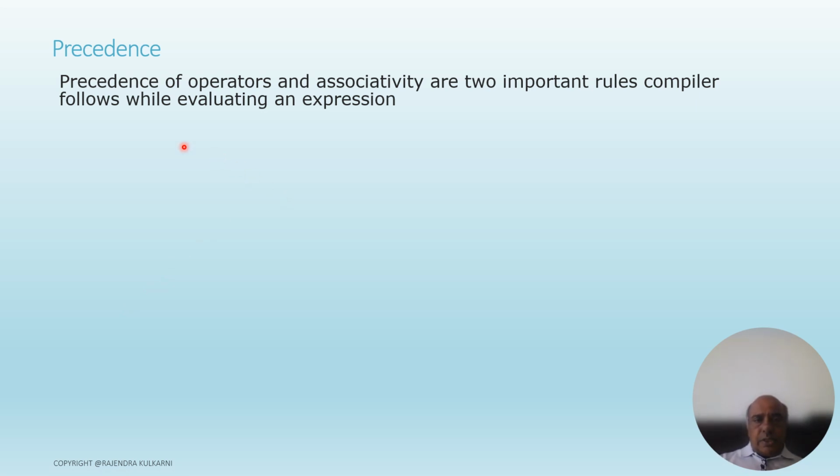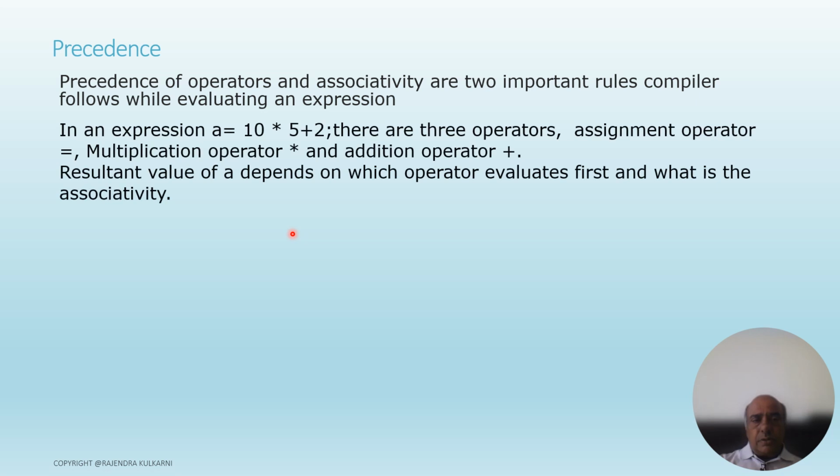As we have earlier discussed, precedence of operators and associativity are two important rules the compiler follows while evaluating an expression. Now let us see the expression a is equal to 10 into 5 plus 2.